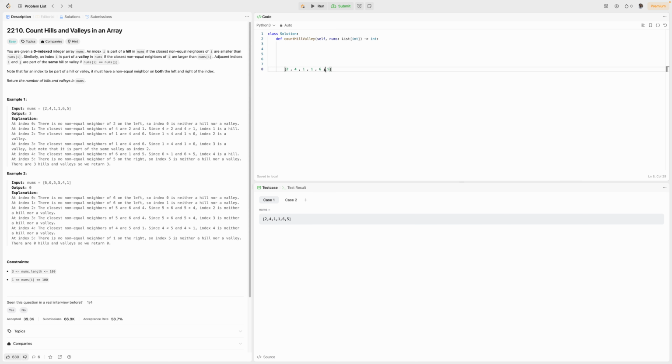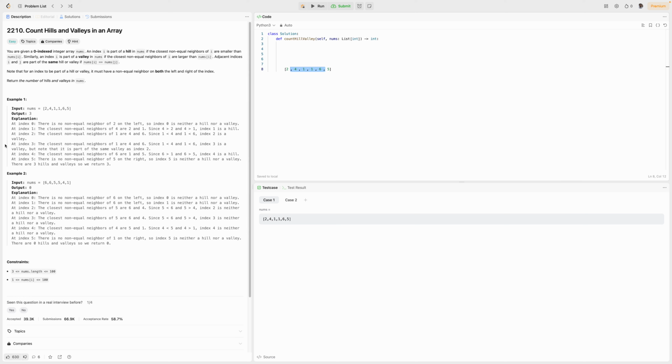Okay, so we're only going to check these values. Is this value the highest or the lowest of the two? Oh, it's the highest value. So that's the hill. This one, is it the highest or the lowest value? The nearest neighbors are 4 and 6. So that's going to be a valley.